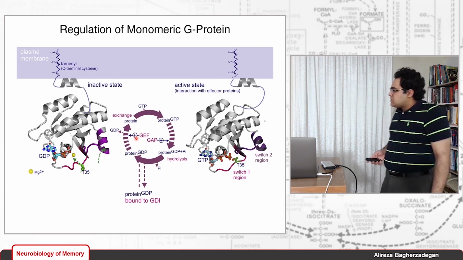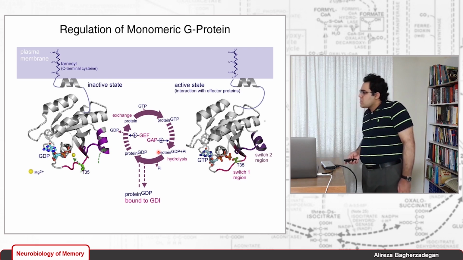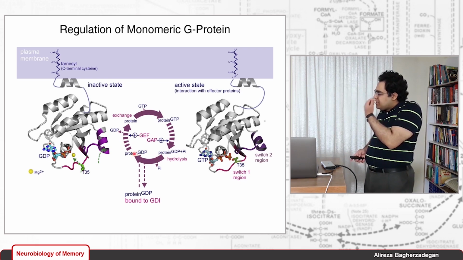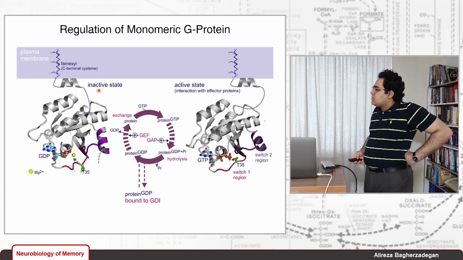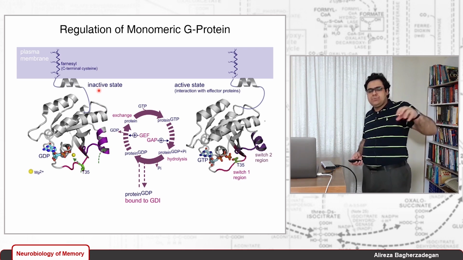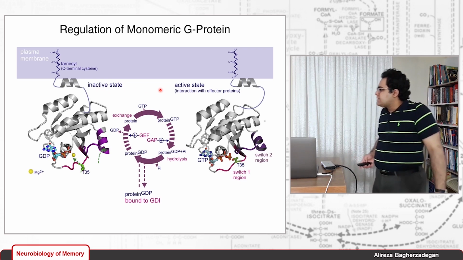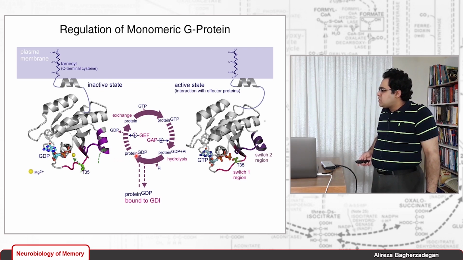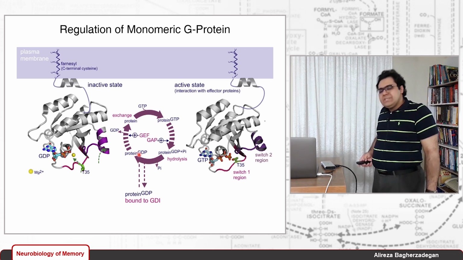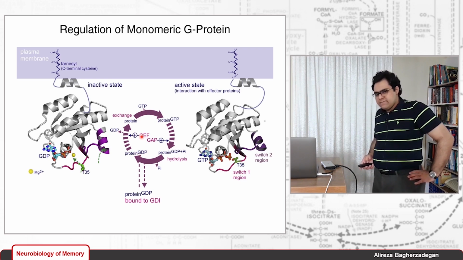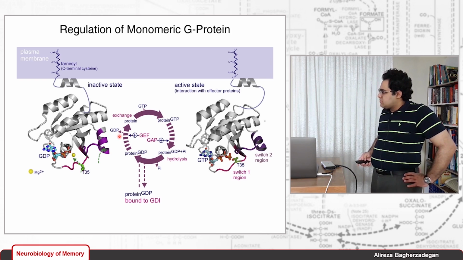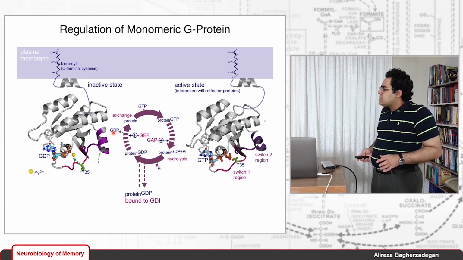So what happens when we have an inactive G protein and it is activated? Well, first we have a protein bound to GDP. Now GEF comes into the scene. What it does is that it promotes the release of GDP.